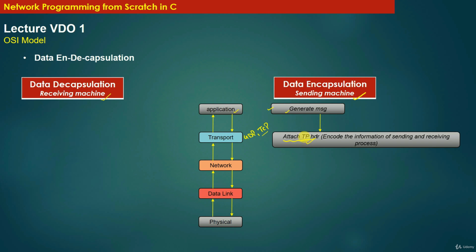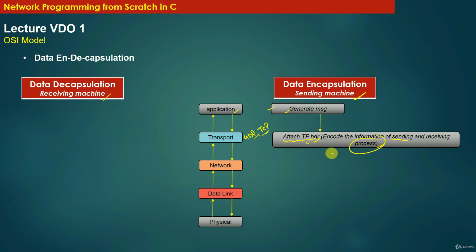Depending on whether it is UDP or TCP, the transport layer attaches the corresponding header, that is UDP header or TCP header. And the vital information contained in the transport header is the encoding of the information of the sending and receiving process. So note that the transport layer header contains the information of the sending and receiving process.